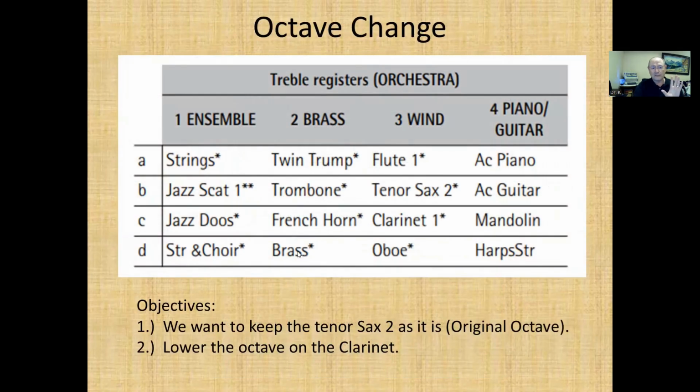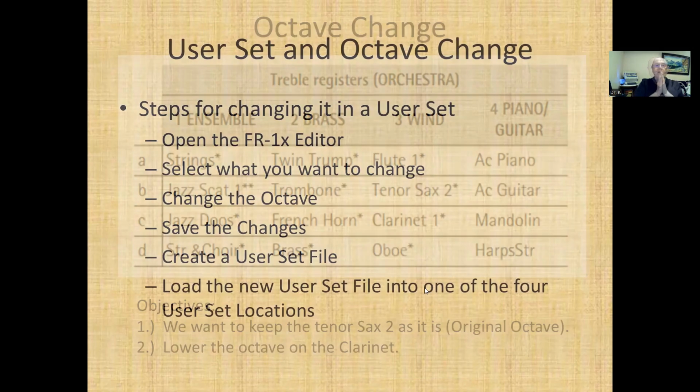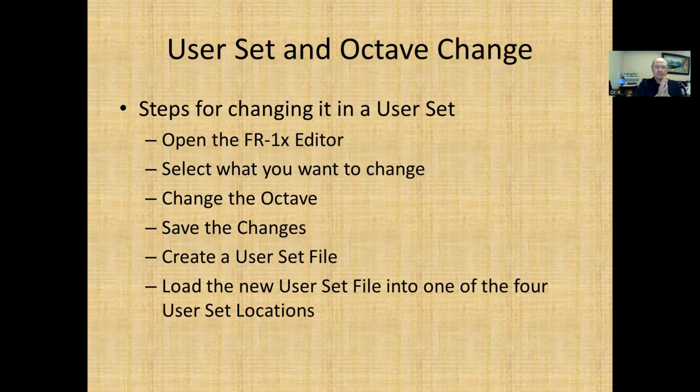So here's what we want to do. We want to keep the tenor sax as it is, and we want to lower the octave on the clarinet. Here are the steps. There are like 6 steps. First thing we're going to have to do is open the editor.